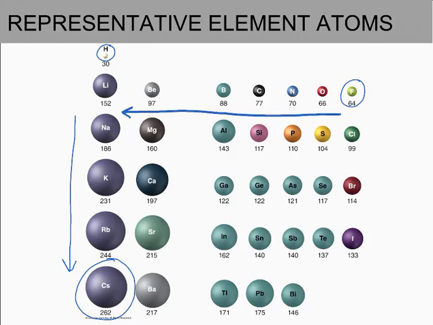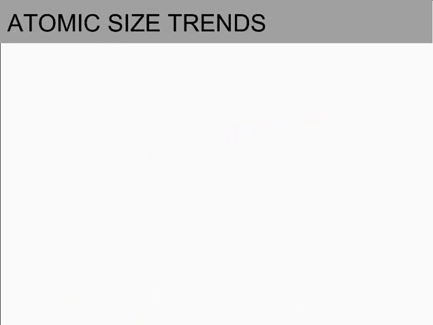All right, so let's talk about why. So let's compare lithium to fluorine. So lithium is on the left-hand side of the periodic table, and then fluorine is in the same row or period, but it's on the opposite side.